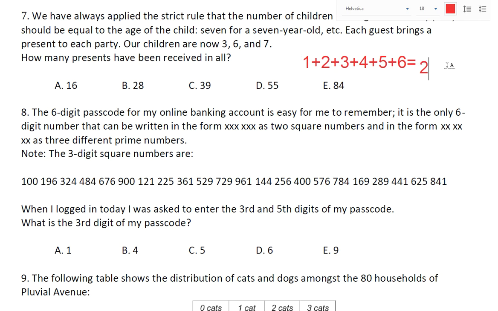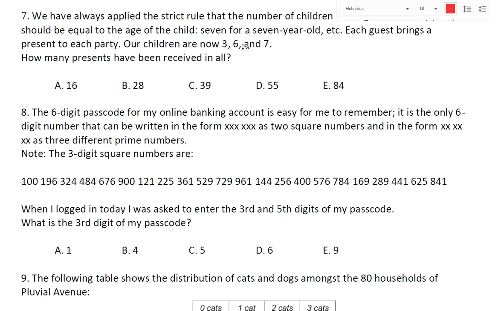And then to get the child turning 7, we just need to add 1 more, plus 7. And because we knew adding up to 6 was 21, that'll be 28. Actually, if you knew triangular numbers pretty well, you'd probably just memorize that. Like for 8, you would know it's going to be 36, 9 would be 45, 10 would be 55, and so on.